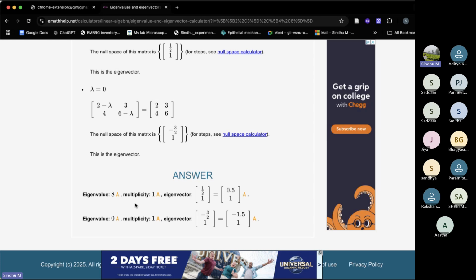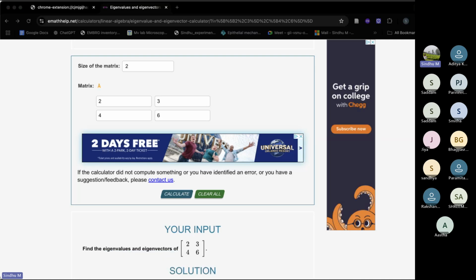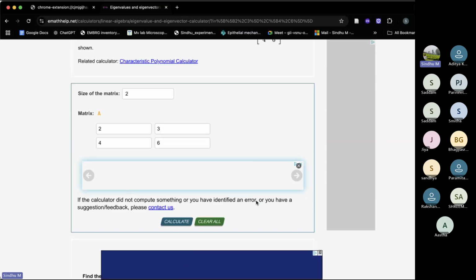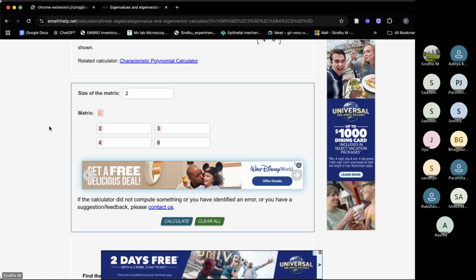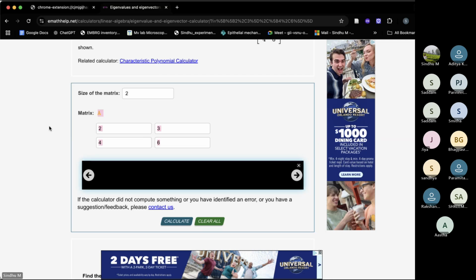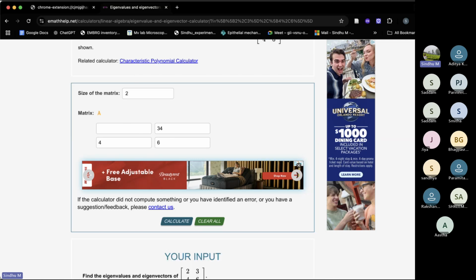These two are the eigenvalues. And in the question, we also have to find the eigenvalues of the square of this matrix. So we also have to input those values. So let's calculate the square of the matrix.